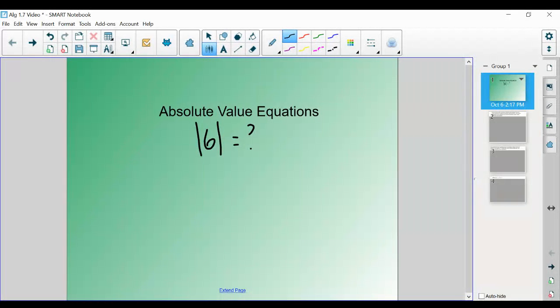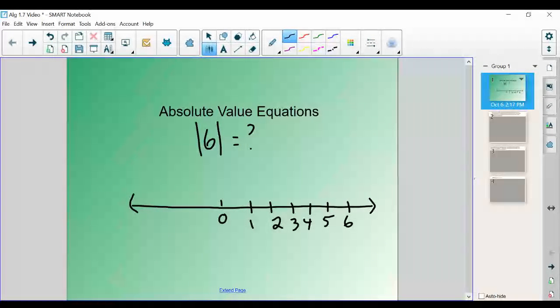So if we had a number line and we were at 0, we had 1, 2, 3, 4, 5, and 6. We want to figure out how far away from 0 is whatever is inside that absolute value symbol.